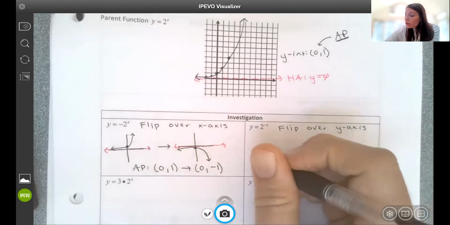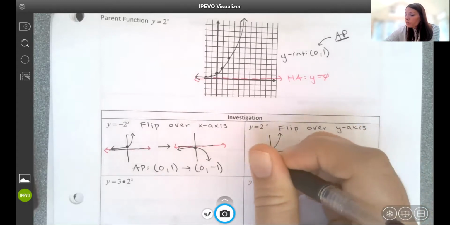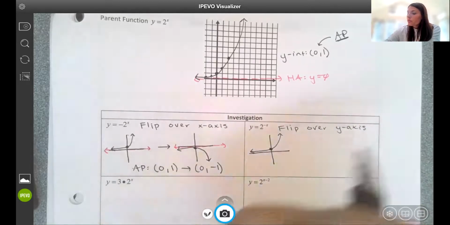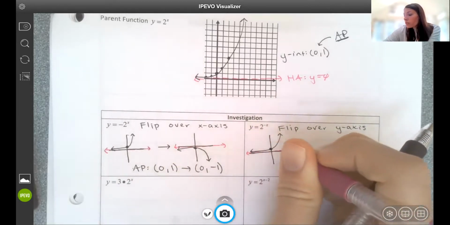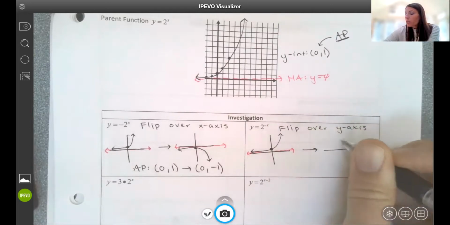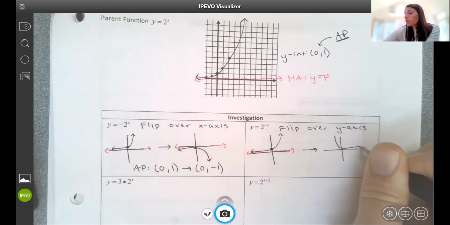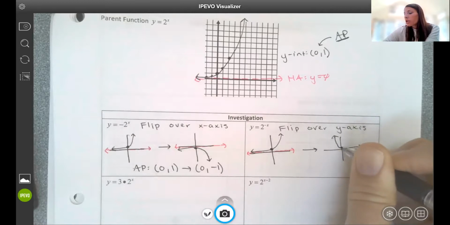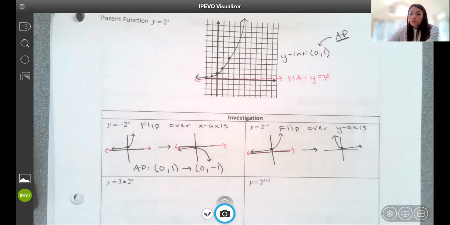Okay, and over here when it flipped over the y-axis, so here's my initial graph, anchor point there, horizontal asymptote. And when we put a negative in the exponent, what we observed happen was it flipped over the y-axis. Now, did that change my anchor point at all?